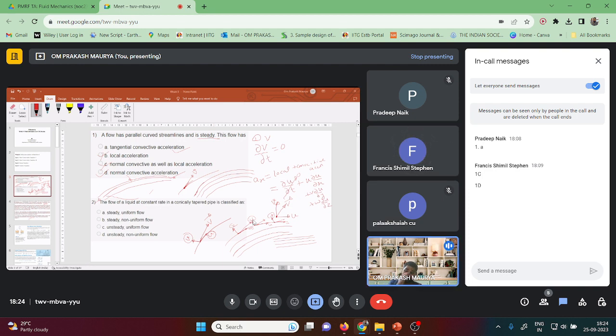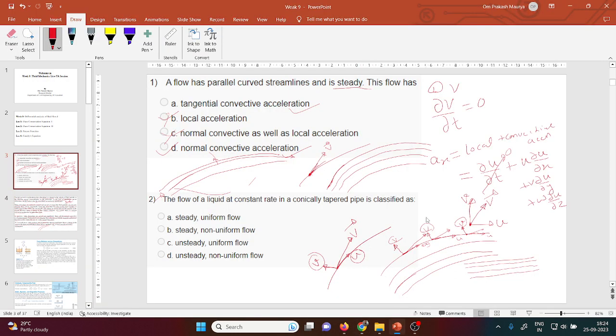No, actually, if we talk about a curved streamline, only the normal convective acceleration is the reason behind it. Whatever I have discussed, the velocity: the definition of a streamline is that if you take any tangent along the streamline, it gives the velocity vector.